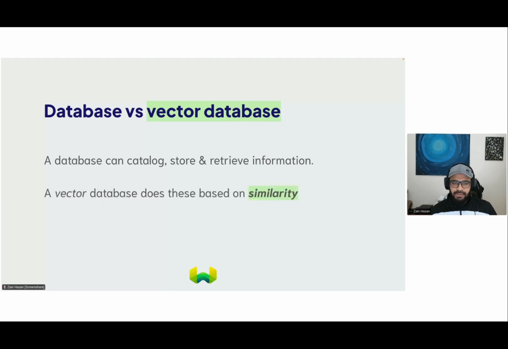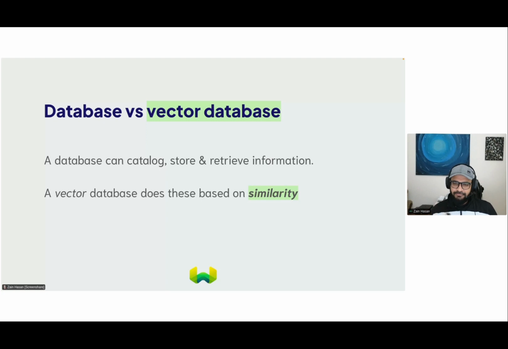A vector database is quite similar, except this retrieval happens based on the idea of similarity. When you ask for something, it'll see if it's similar or not, and then give you all of the relevant things back.